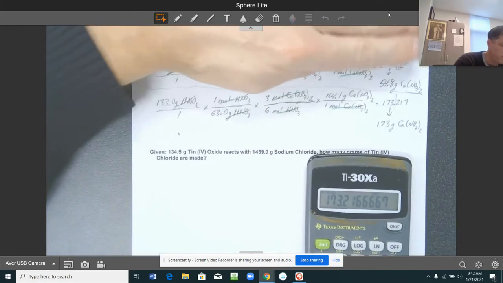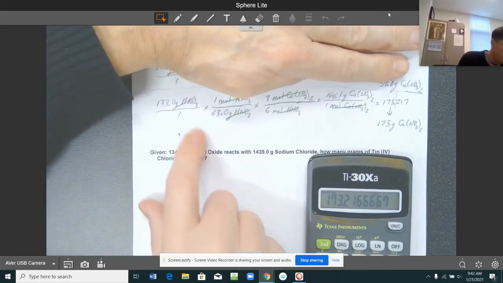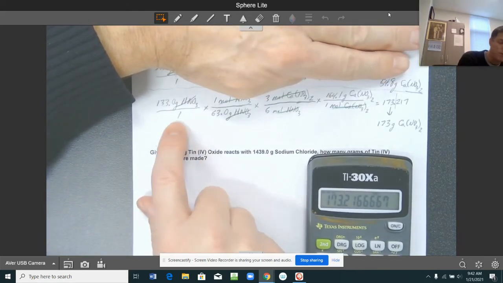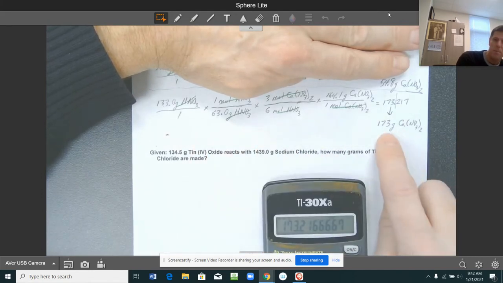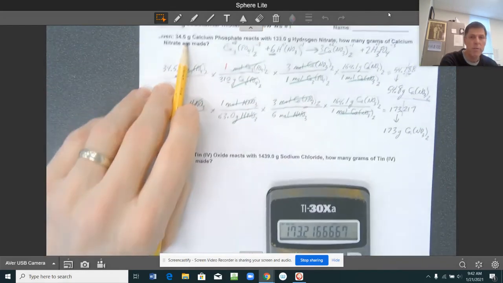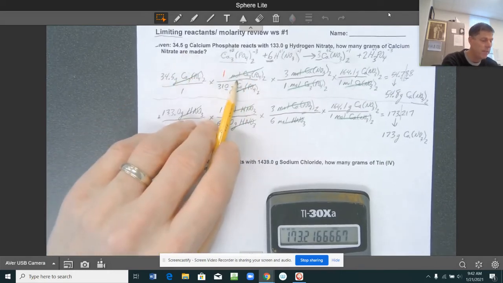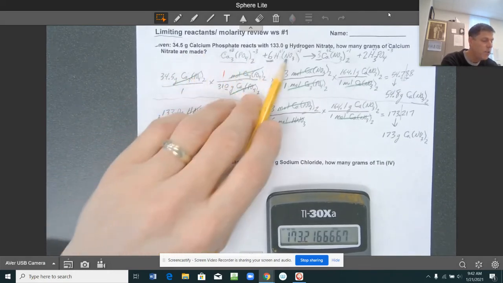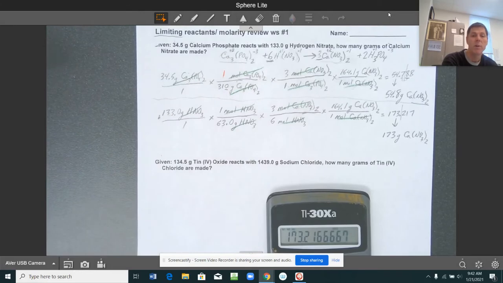So what that means is if I would have just started with the hydrogen nitrate and used up all of that, I'd be able to make 173 grams of calcium nitrate. But I reacted it with 34.5 grams of the calcium phosphate. As these two react, ultimately one of them runs out first. And as soon as it does, we stop making product.